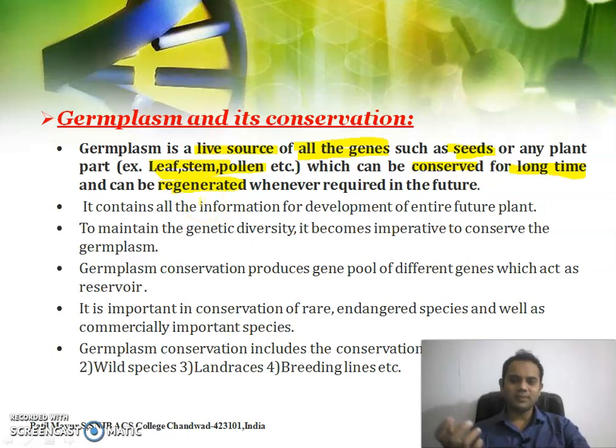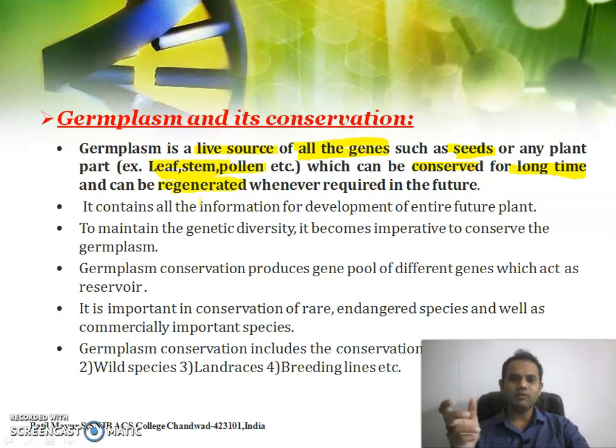So if we see this definition, we'll come to know what exactly the germplasm is. Okay, germplasm means anything which contains all the genetic information. For example, our information is present in our DNA, and DNA is present in each and every cell.